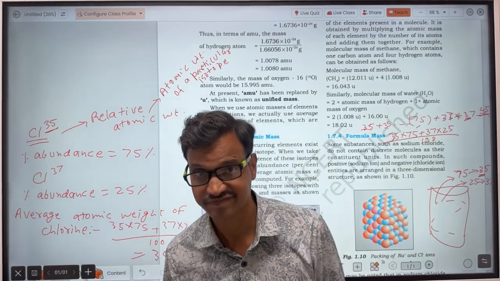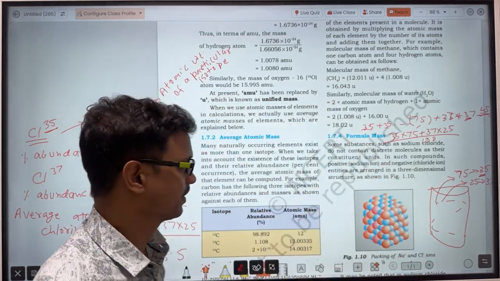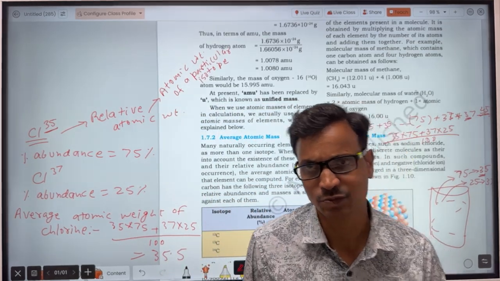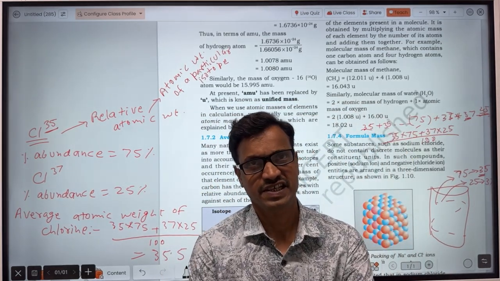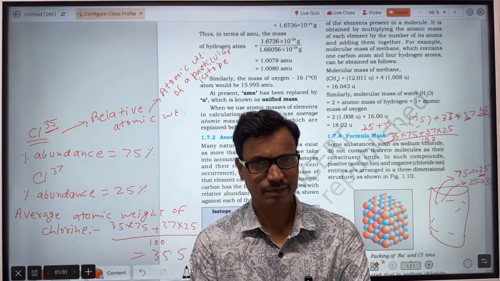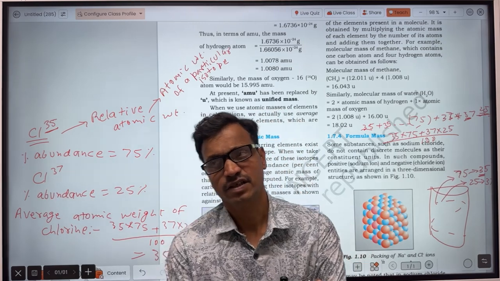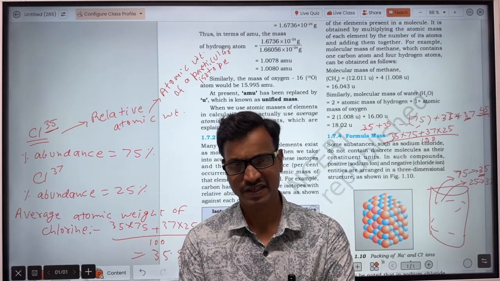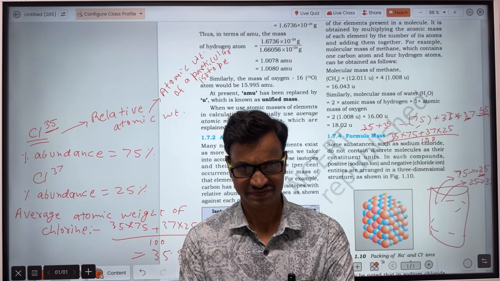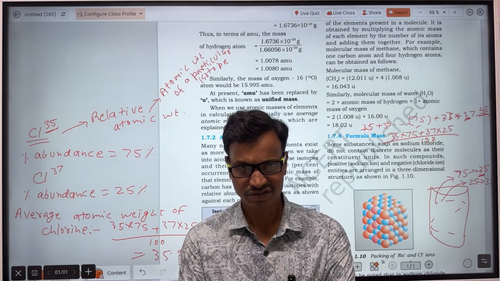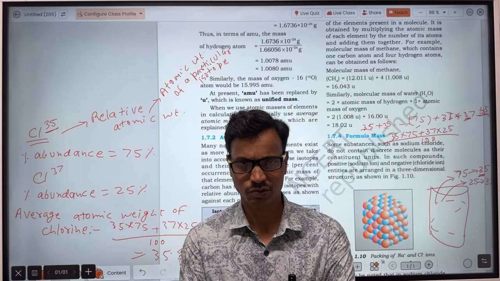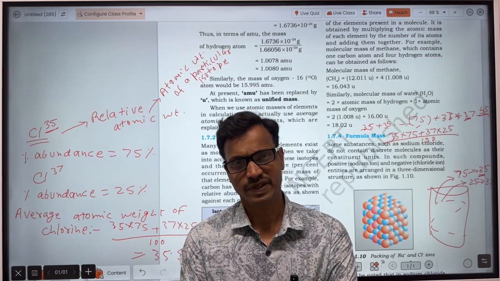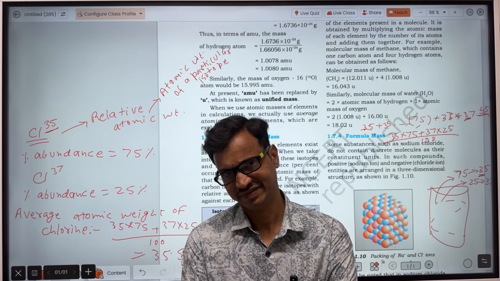Okay, clear? Keep in mind, suppose the atomic weight of oxygen is 16. That means when the number of oxygen atoms is 1 mole, that is 6.023 into 10 power 23, then their weight will be 16 gram.